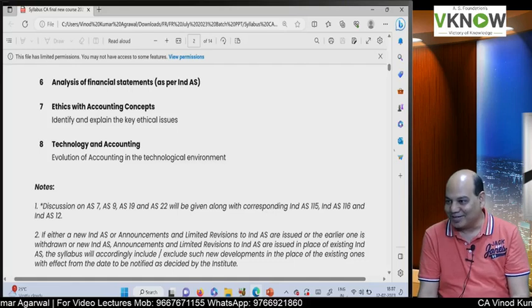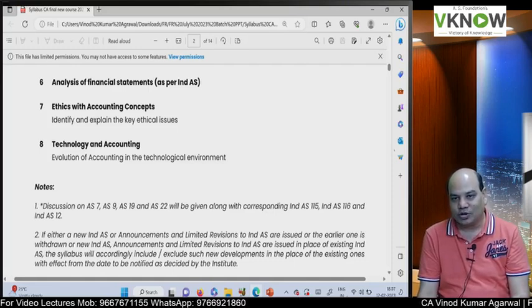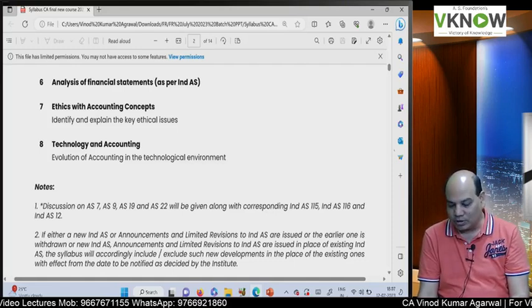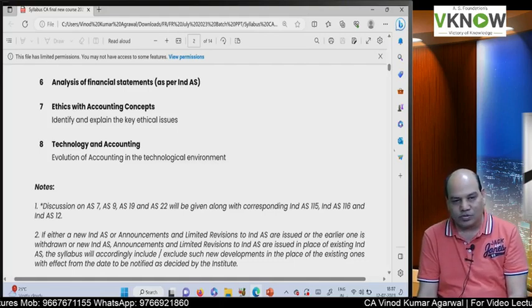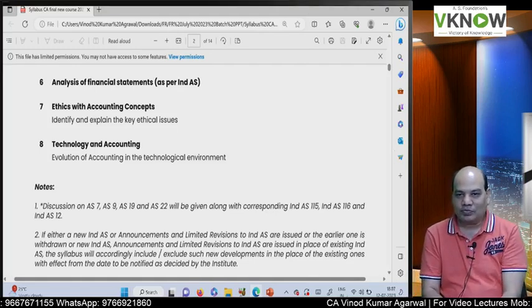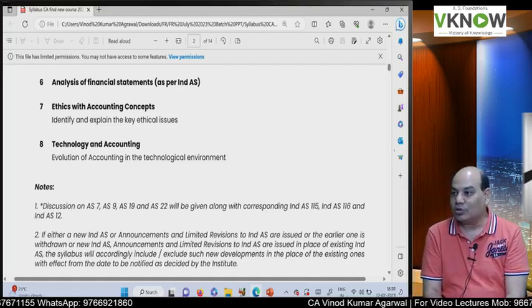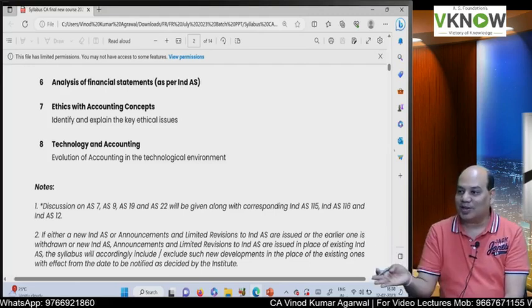Yes, auditing. And the last topic they have added is technology and accounting. Technology and accounting, again a theory topic, evolving of accounting in the technological environment. So basically how the new technology, artificial intelligence, machine learning, they are going to affect your accounting also. All of you will become outdated soon.